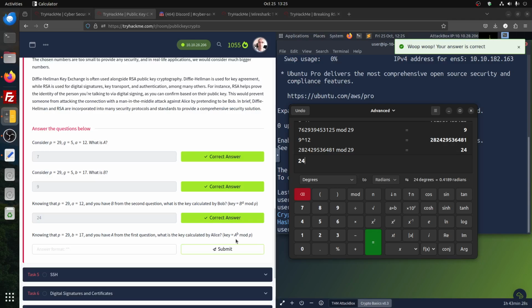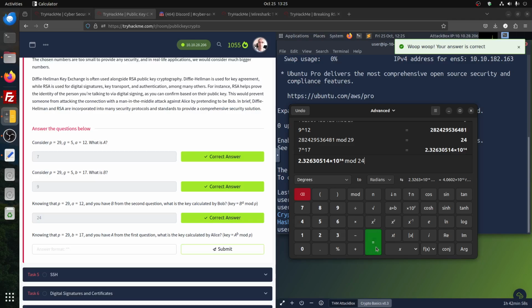So if you say A, where is A? A from the first question is 7. Do you see? Otherwise the whole thing doesn't make sense. So A is 7, power to b, which is 17, modulo 29, we get 24. They need to be the same.